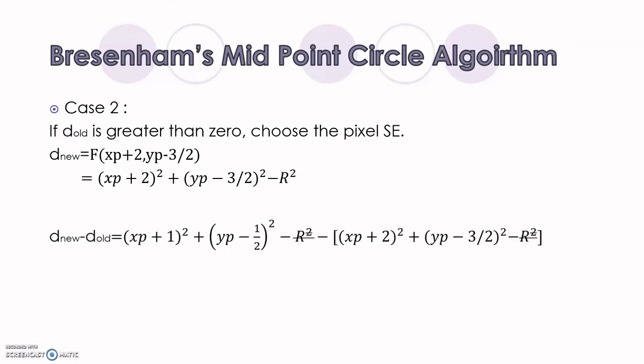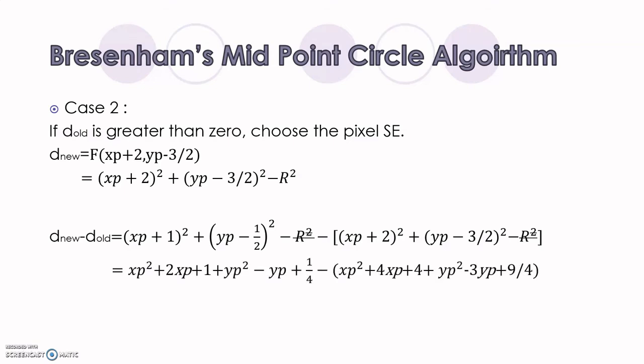Now we can compute D new minus D old. So we get xp plus 2 whole square plus yp minus 3 by 2 whole square minus r square, minus xp plus 1 whole square plus yp minus half whole square minus r square. We're cancelling the unlike terms, that is minus r square and plus r square. The remaining terms are this.